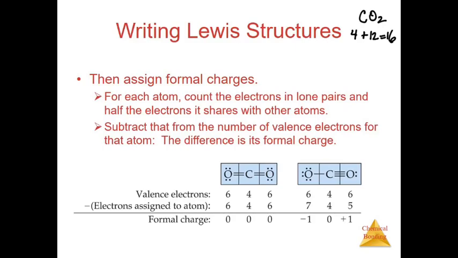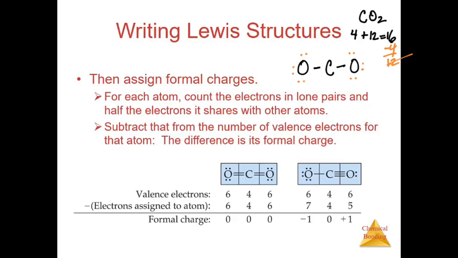When you originally draw it out, C bonded to both of your O's, that uses up 4 electrons. We have a home for 12 more. Those 12, 1, 2, 3, 4, 5, 6, 7, 8, 9, 10, 11, 12. Those 12 are used up there.